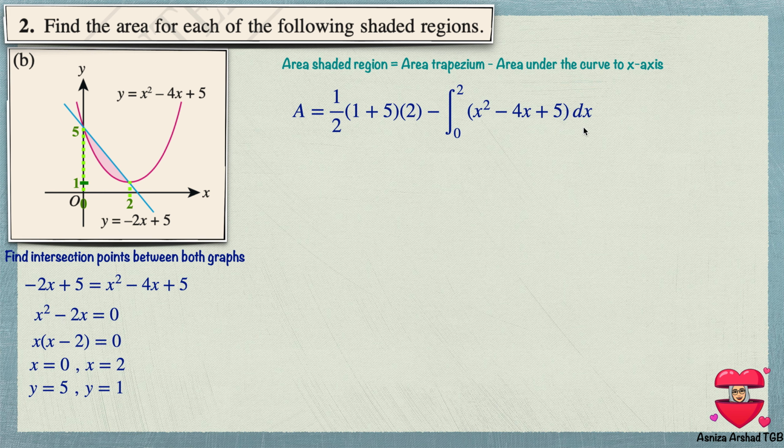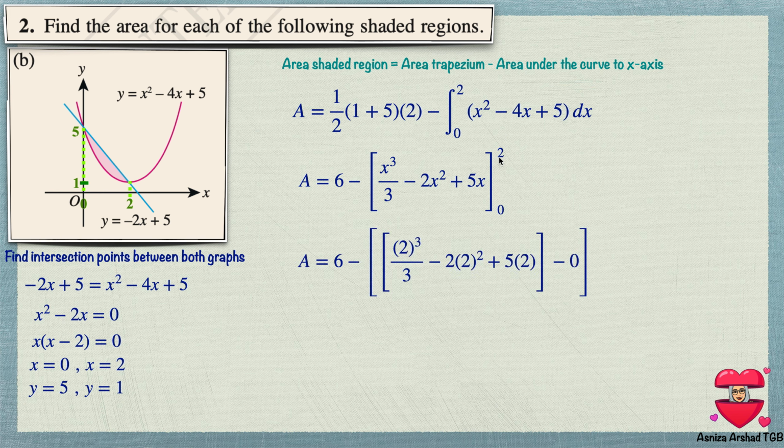Let's calculate. The area of the trapezium is 6, minus the integral, x cubed over 3 minus 2x squared plus 5x with limits 0 to 2. Next, we substitute the upper limit 2 and minus the substitution of the lower limit 0. Therefore the area is 1/3 units squared.